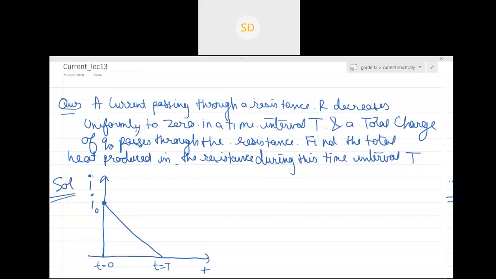If it had been written exponentially, then we would have made an exponential function. But here in the question, it was given uniformly to you. Can you see the current decreasing uniformly in a time interval? So this is basically the condition. This is your hint. Work on this and tell me what is the answer for this question.